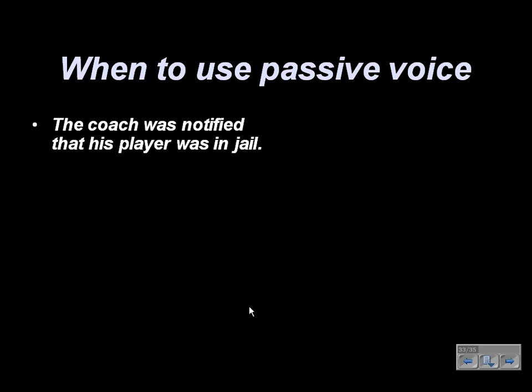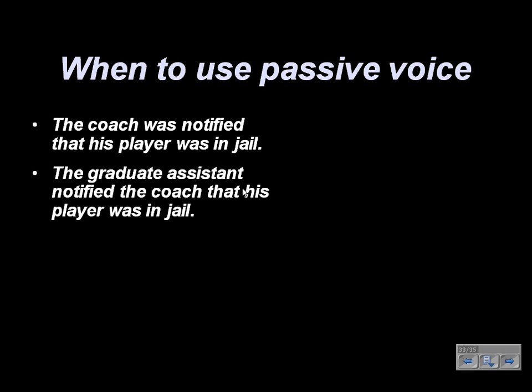Here's an example. The coach was notified that his player was in jail. We can see by the was that this is going to be an example of passive voice. The coach was notified that his player was in jail. We don't see the by. We don't even know who the by was.